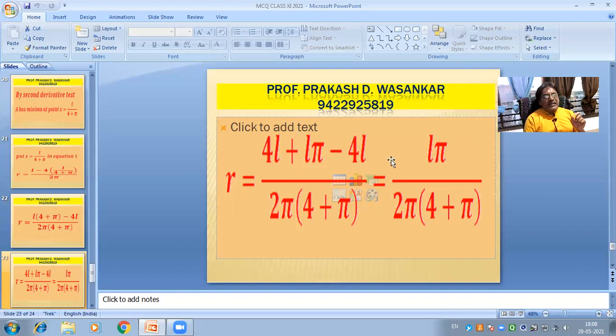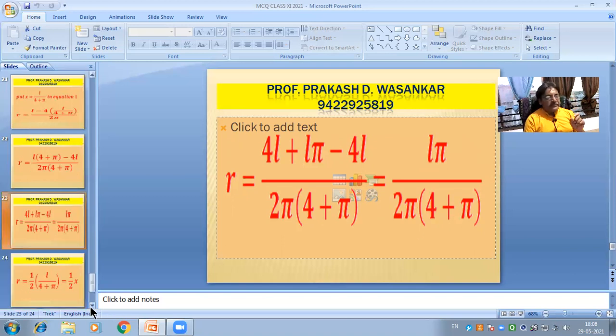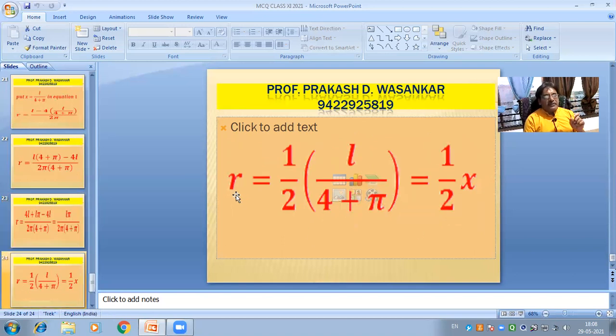Then this 4L gets cancelled. So we get L pi upon 2 pi (4 plus pi). Again pi gets cancelled. Therefore r is equal to 1 by 2 times L upon 4 plus pi.